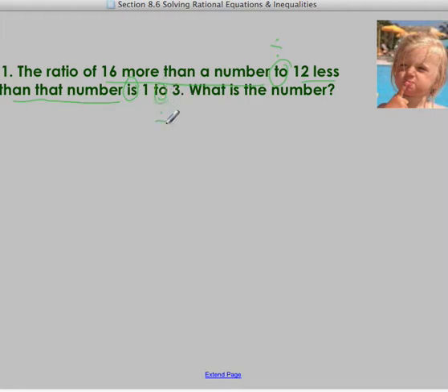So 16 more than a number. Let's just let x equal the number. So 16 more than a number will be x plus 16, all over, because division, 12 less than that number. Well, the number we have is x minus 12. And we all know that our math word "is" means equals.